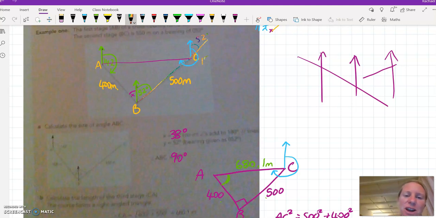Then we know that we've got 180 for this whole big bit there. And then we're just left with this little bit here on the inside. That little bit on the inside we can work out because we now know that this is 90 degrees down here. And we also know this top corner one, because you worked that out for the last question and it ended up being 54 degrees.